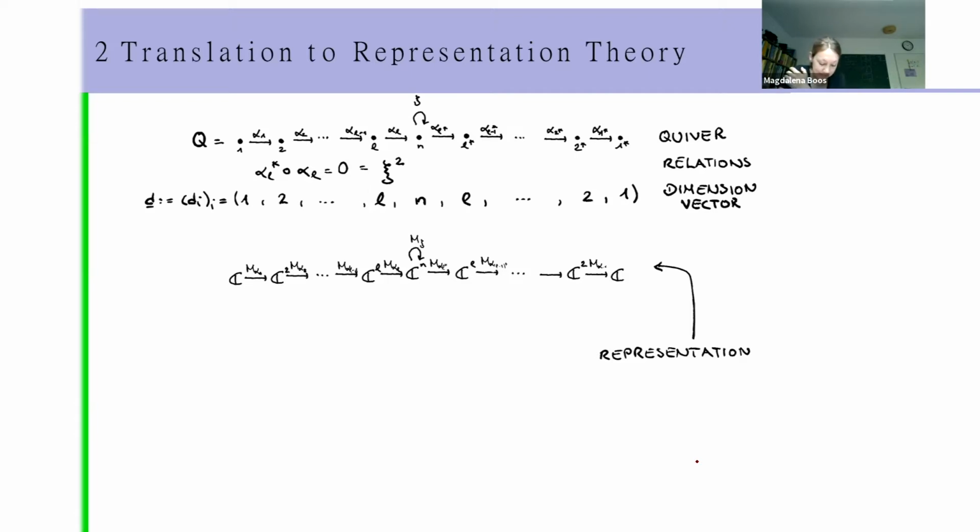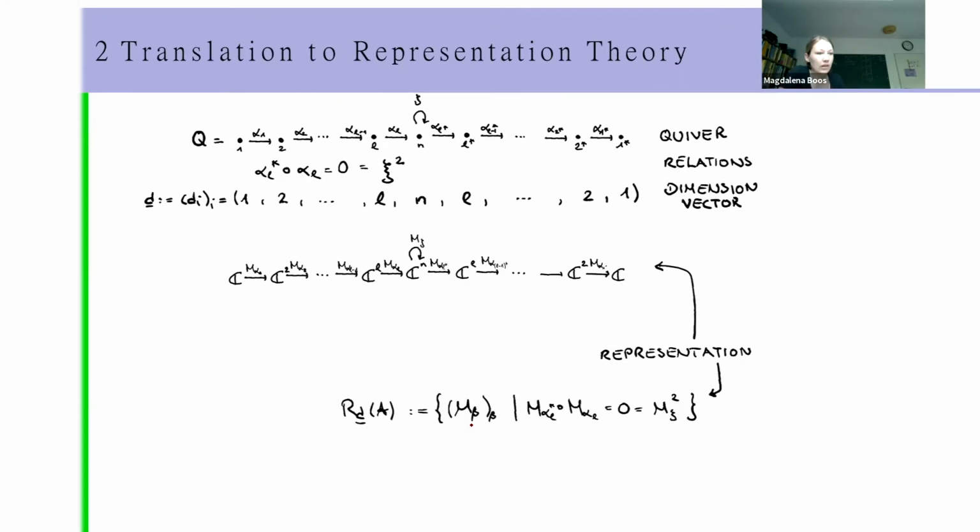And then we collect the maps as a tuple, fulfilling the relations. Of course, the representation has to fulfill the relations. 2 times the C linear map, going from here to here, and this arrow, is also supposed to be 0. And this is what's called the representation variety.